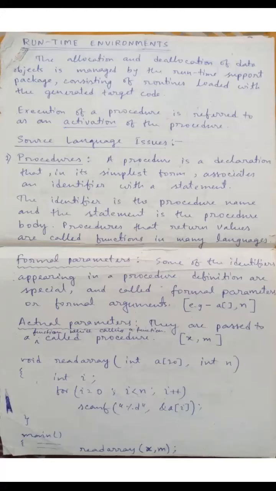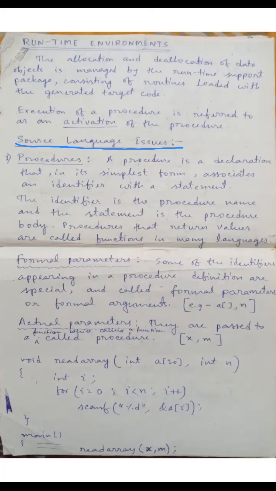Now, source language: say you have written a C program and now you are going to compile the C code by using a C compiler. So in this case, your source language is C language. For the source language, what are the different points that have to be remembered?